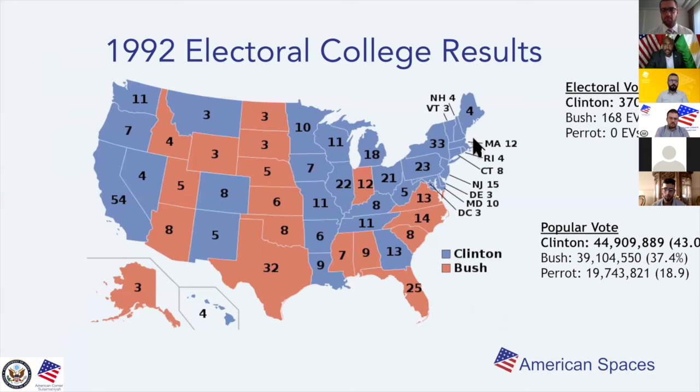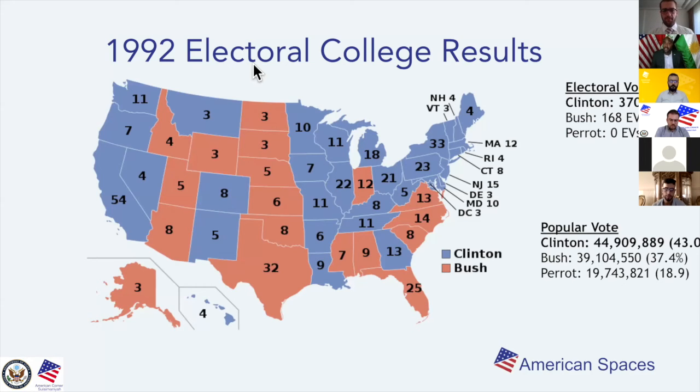An example of this would be the 1992 Electoral College, where we had Bill Clinton running, George H.W. Bush, President George W. Bush's father, who was running for re-election, and then a very strong third-party challenger, Ross Perot, who was a billionaire Texas businessman, ran for president.